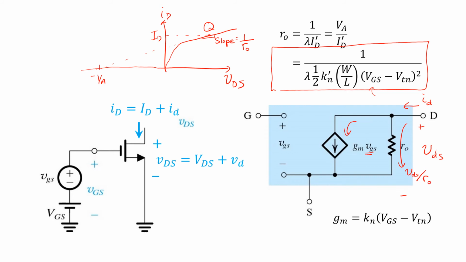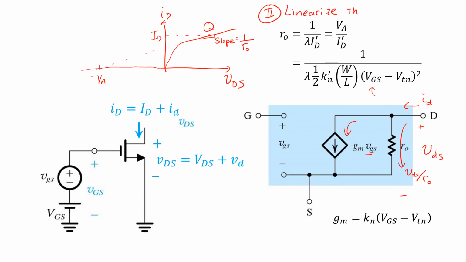So remember that step 2 of our small signal analysis was to linearize the circuit. In our preceding analysis, we did that by finding the value of GM using the operating point overdrive voltage, VOV.